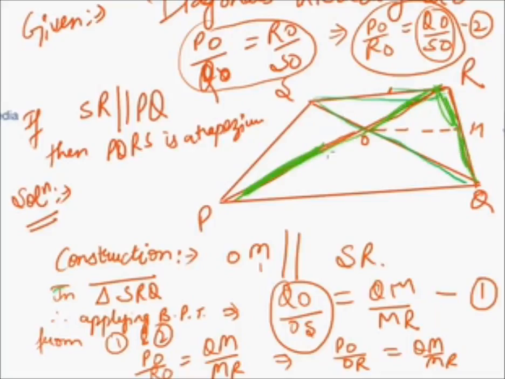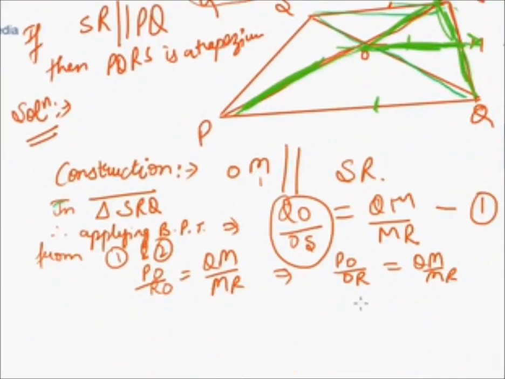Now, since PO over OR equal to QM over MR, we can say that OM is proportionally dividing PR and QR. So in other words, OM is parallel to PQ by converse of BPT.